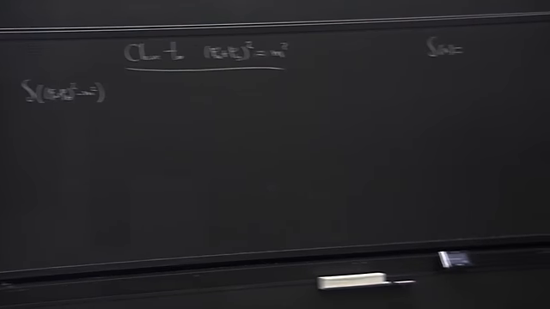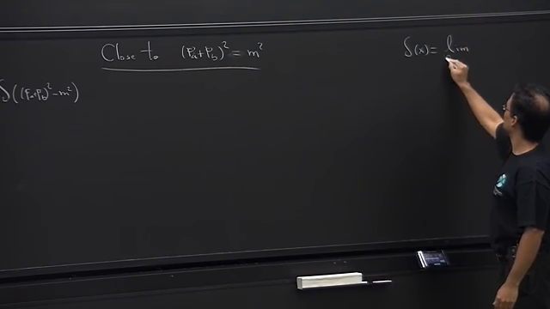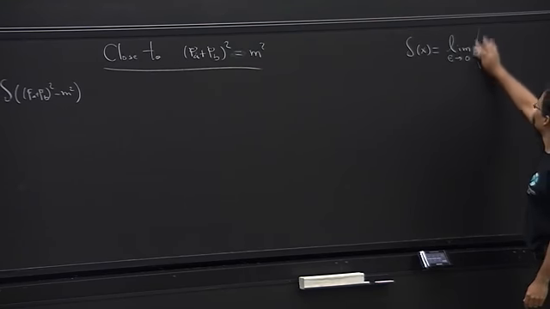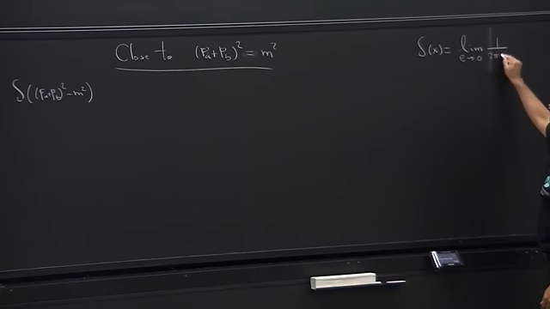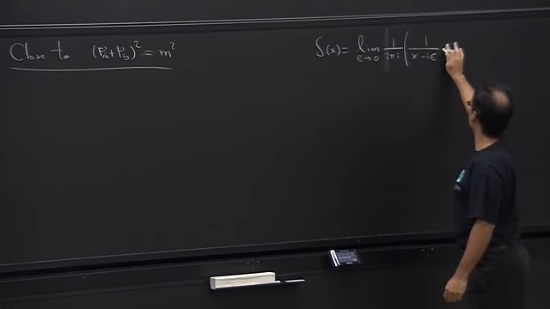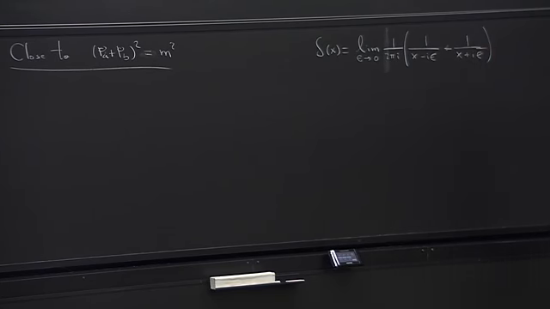So this distribution is something that we can write as a limit. Okay, have you seen this before?